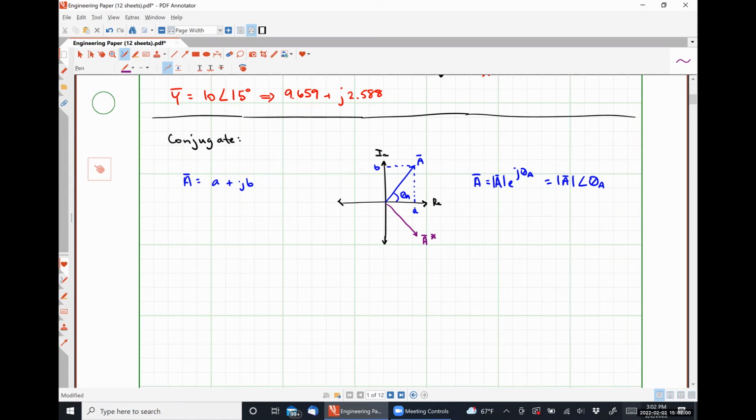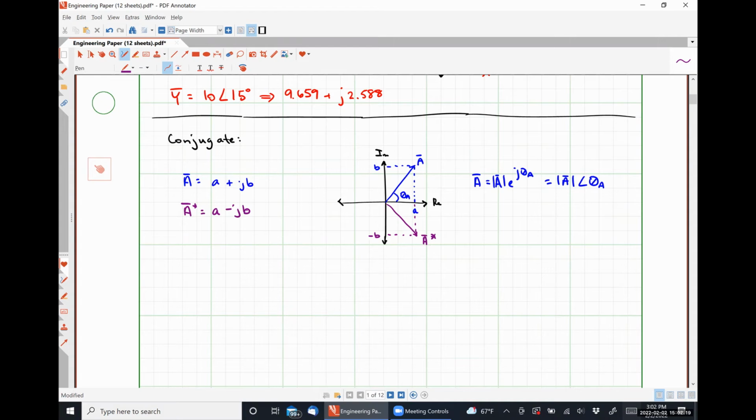And we can see by inspection that A conjugate is a in the real direction, and it's minus b in the imaginary direction.